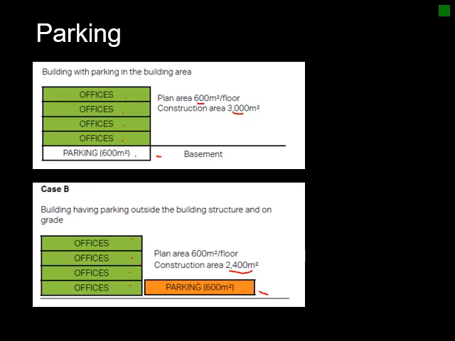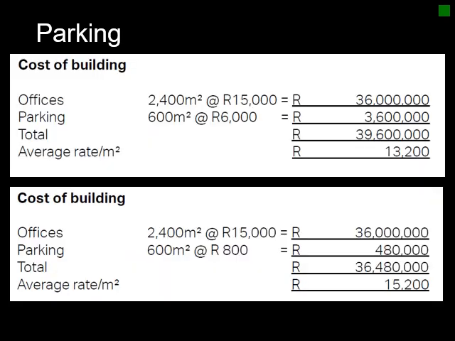Now I'm going to get into the detail just now. So then we look at two scenarios. For case one, you've got 2,400 square meters times a rate of 15,000 Rand per square meter. So it's 36 million for this office building.